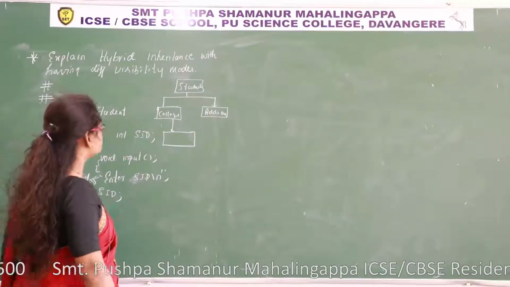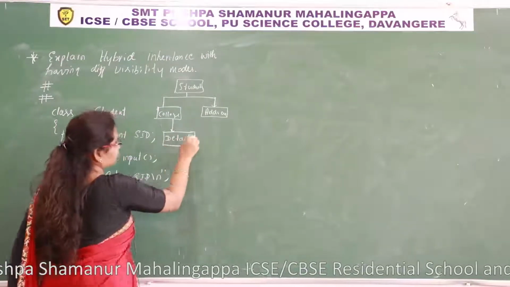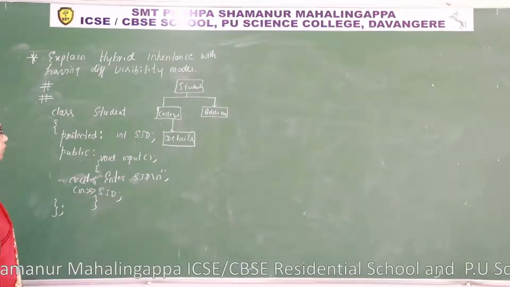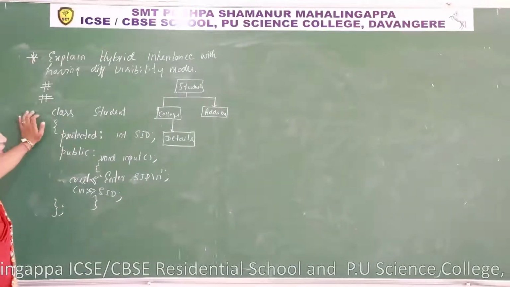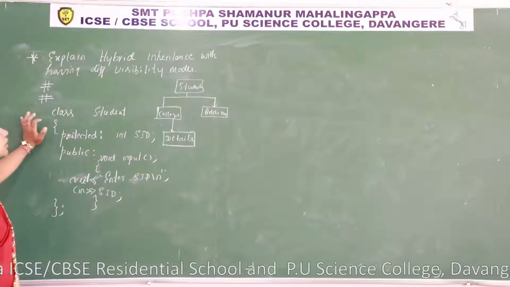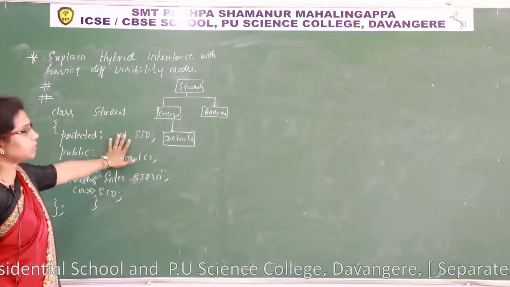And one more class, details, I'll take. Understood? See, college and address are the derived classes of student, so it implements hierarchical inheritance. And when you consider this, it is a multi-level inheritance, so it implements a hybrid inheritance.